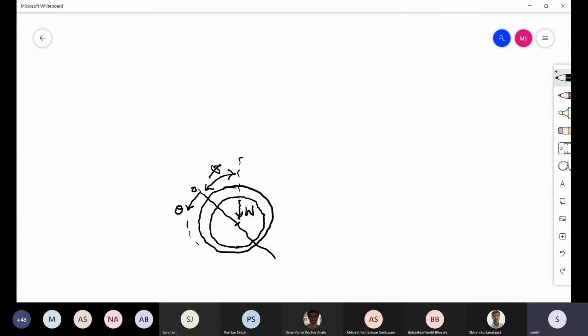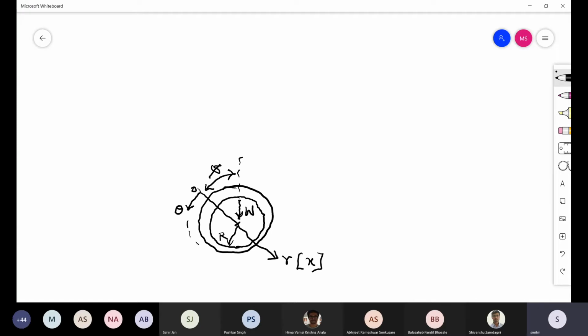And this is the radius of the journal, r. This is the r coordinate, and this is the theta coordinate. In place of r, actually I have written x in the derivation.